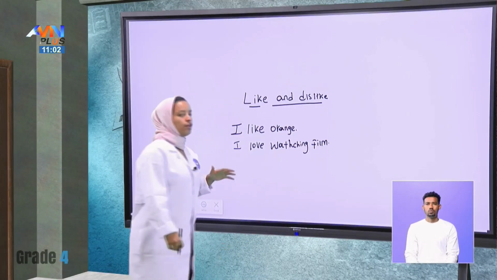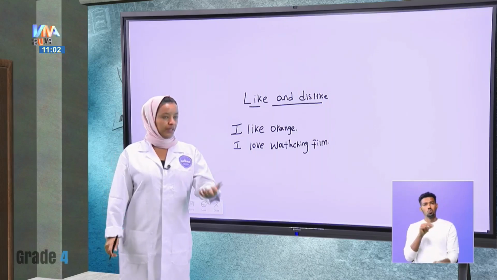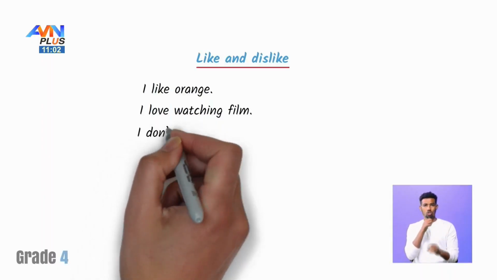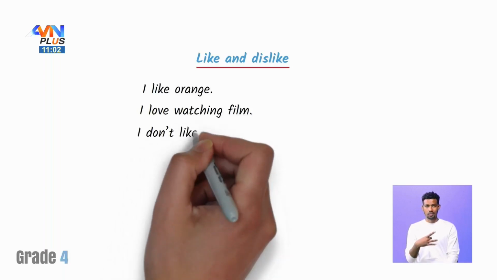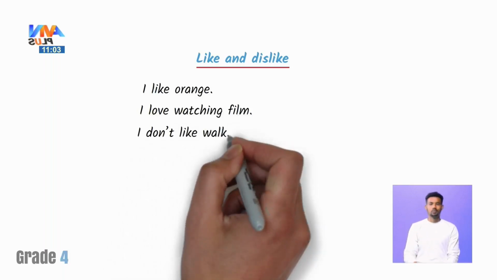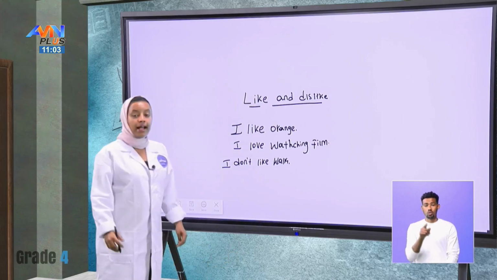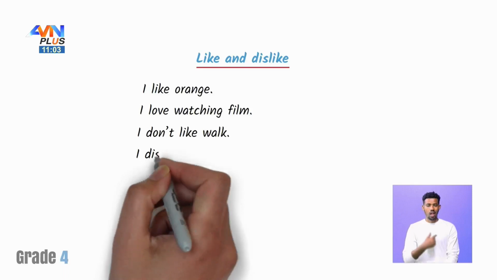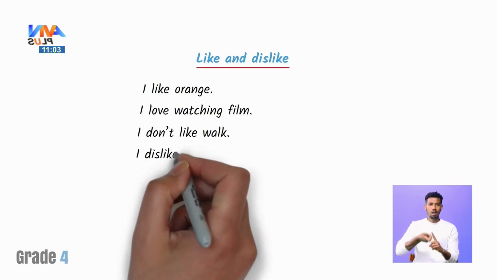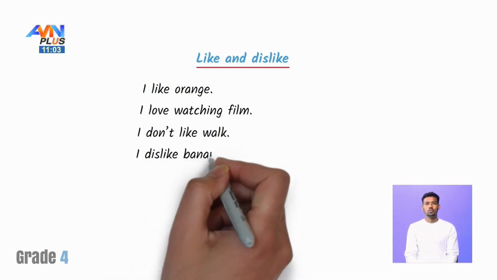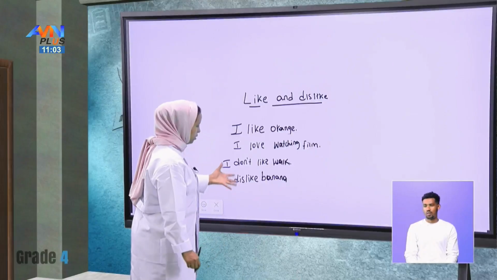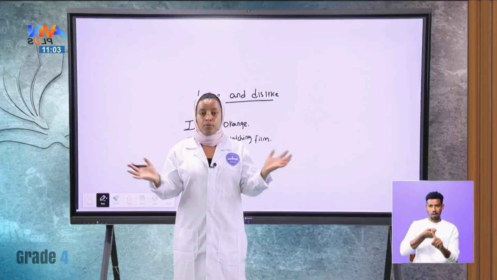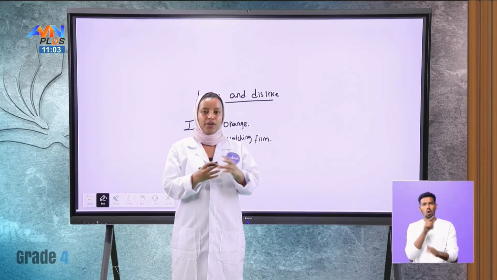When we come to negative, or what you don't like and what you don't prefer, you can say I don't like walk. And you can say I dislike banana. I dislike banana. Students, here are examples to show what you like and what you don't like.